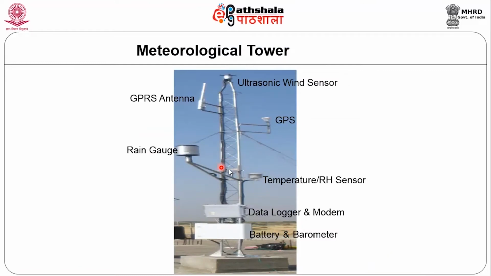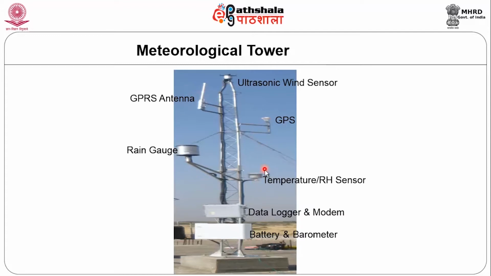Again, this is the meteorological tower. Here the GPRS antenna is given, and there is an ultrasonic wind sensor, GPS, a temperature and relative humidity sensor, a rain gauge, a data logger, the battery and a barometer.